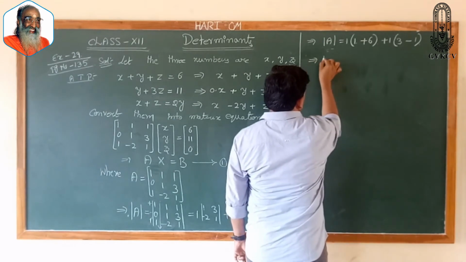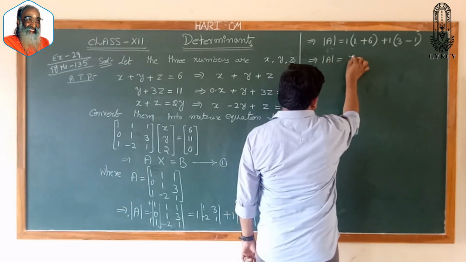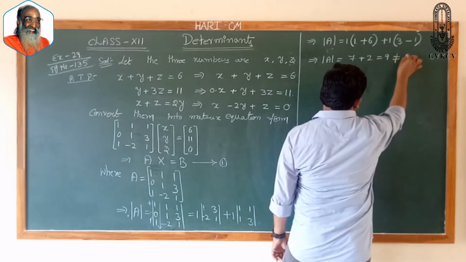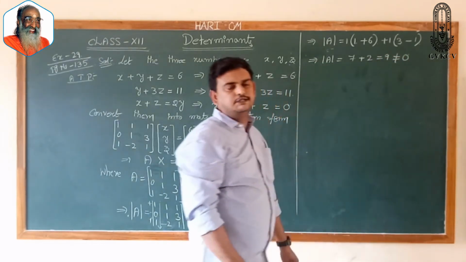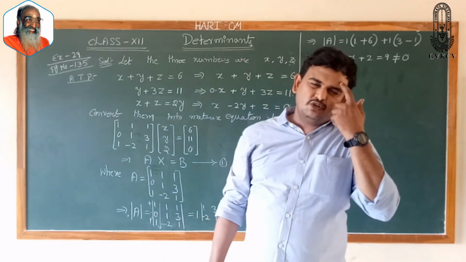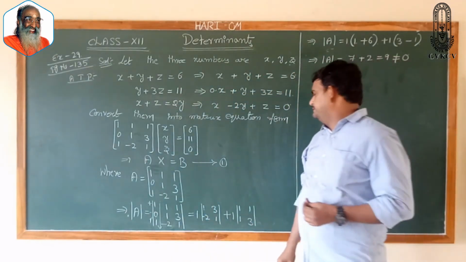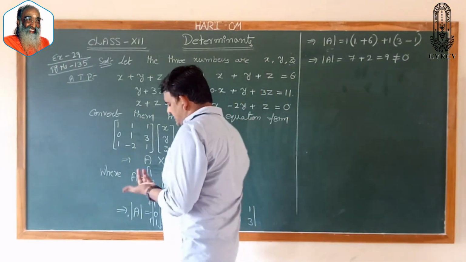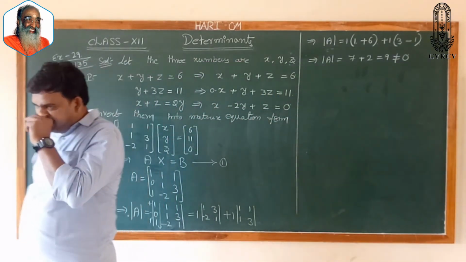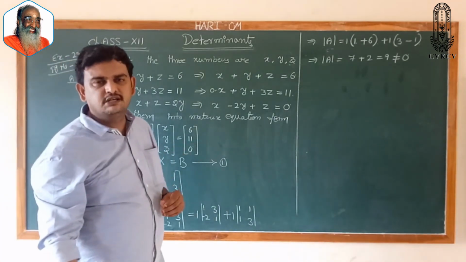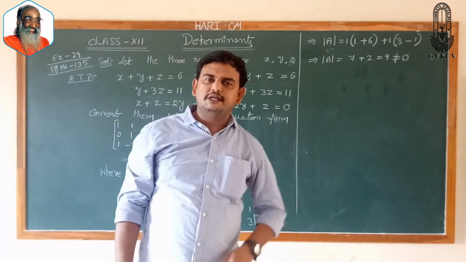So finally determinant of A is equal to 7 plus 2, which is equal to 9, which is not equal to 0. When the determinant is not equal to 0, we get A inverse. When we get A inverse, we have a solution. When we have a solution, these equations are called consistent equations.